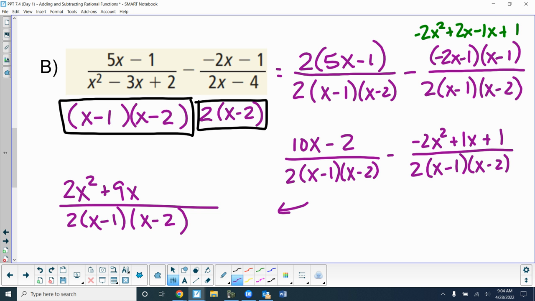Negative 2 minus 1 is negative 3, right? All right. Let me check this. If I multiply 2 times negative 3, are there factors of negative 6 that add up to positive 9? No. So there's my answer.